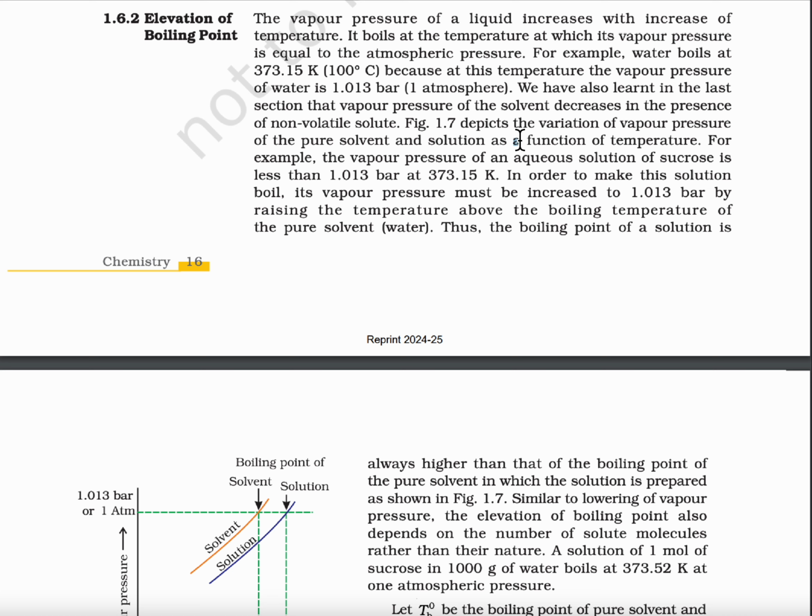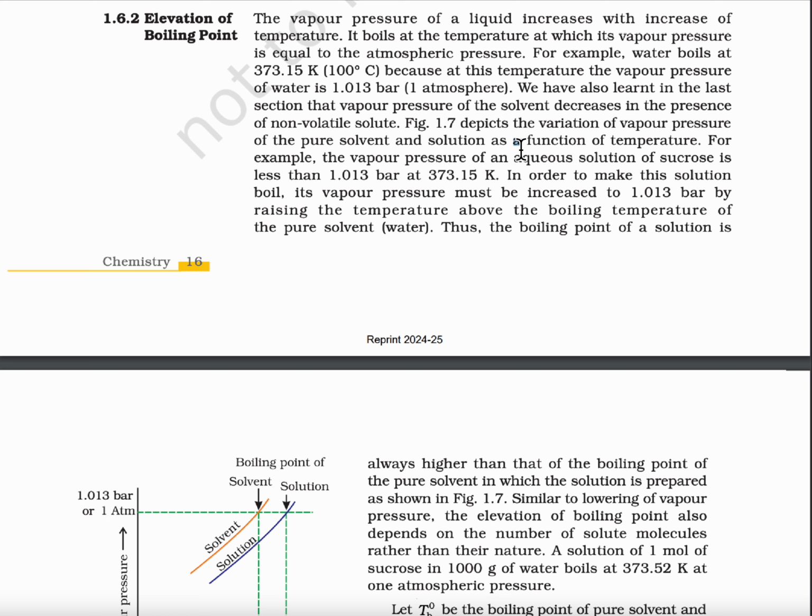That is, what is the boiling point? Boiling point of a liquid is nothing but the temperature at which its vapor pressure is equal to the atmospheric pressure. They might ask what is boiling point in your viva, or they might also ask in exams, right? So boiling point is the temperature at which its vapor pressure will be equal to the atmospheric pressure.